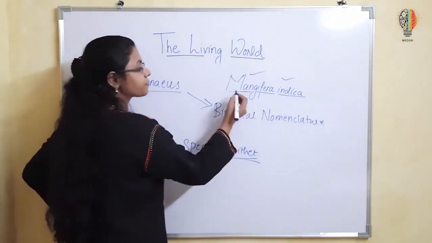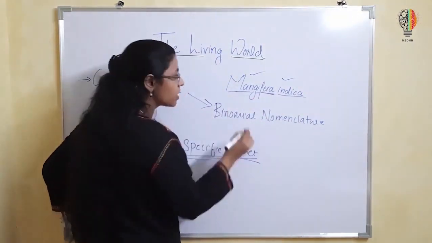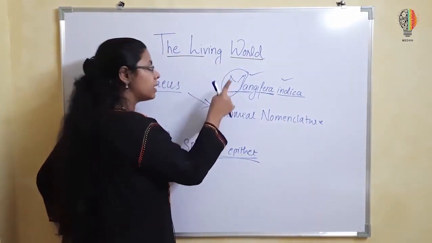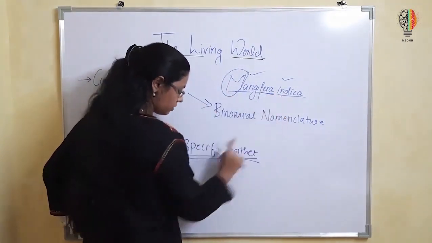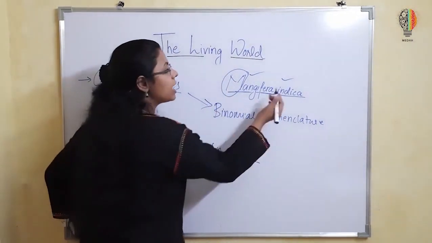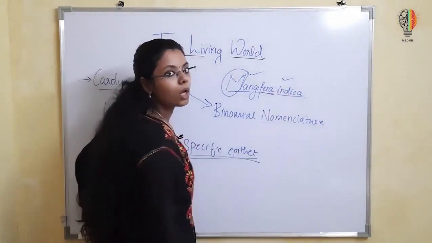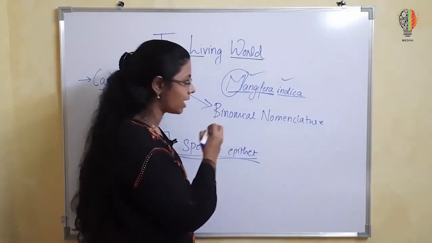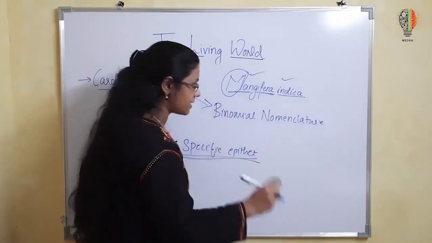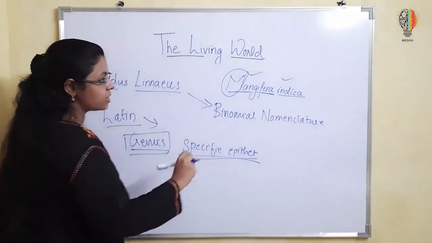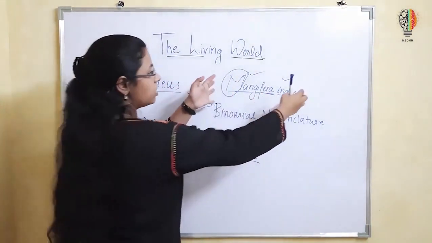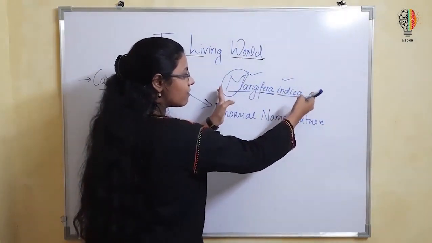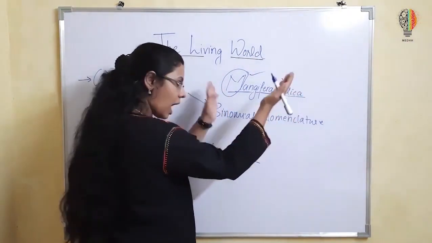The other rule is that when you are writing the genus name, the first letter always has to be capital, and the specific epithet has to start with a small letter. This is one of the important rules while writing the scientific name of the organism. Now, you have to point out that this is the scientific name, a Latin name, in the answer or in the notes.